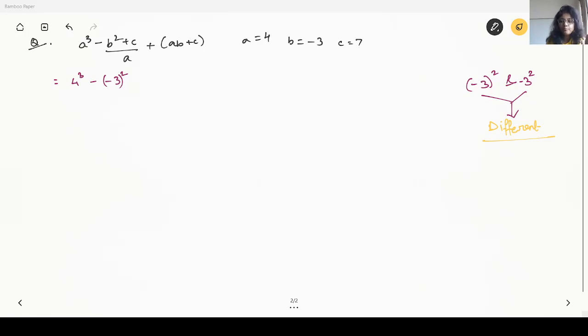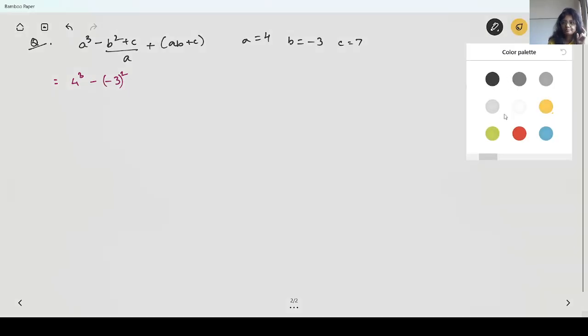How do you show that it is the whole negative of 3 whole square? You will put a parenthesis or a bracket. Bracket means the entire thing is under the square, so the negative is also under the square, so you get negative of 3 whole square. I hope that's clear.